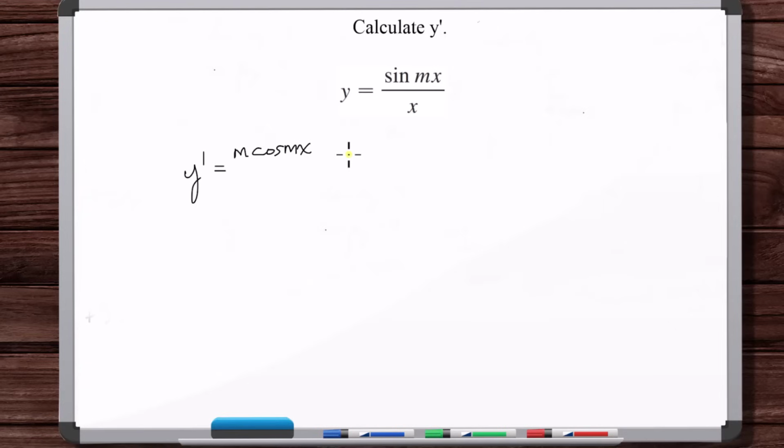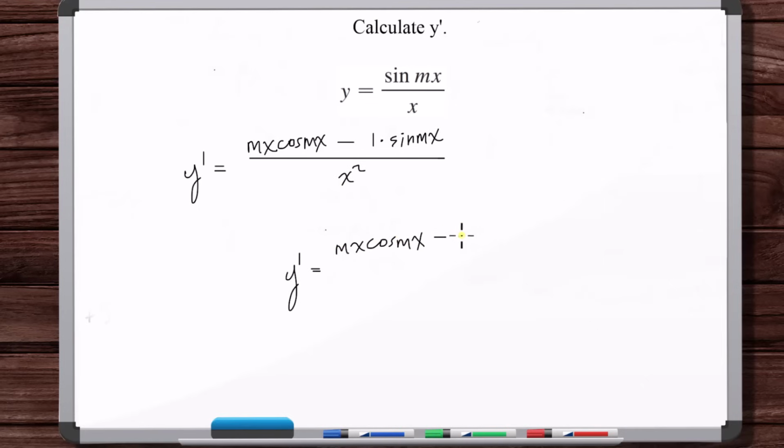Okay, the derivative of the top is cosine of mx times m times the bottom, there's the x, minus the derivative of the bottom, 1, times the top, all over the bottom squared. So that's the derivative.